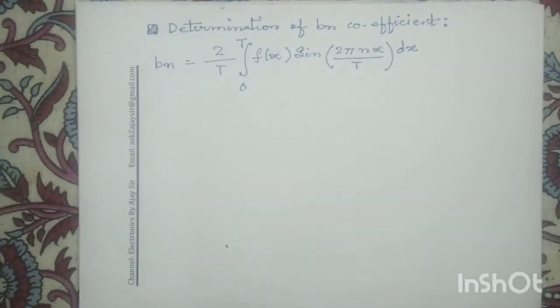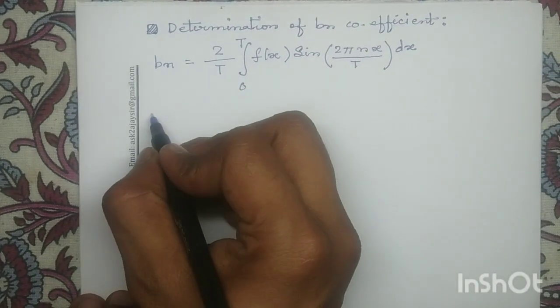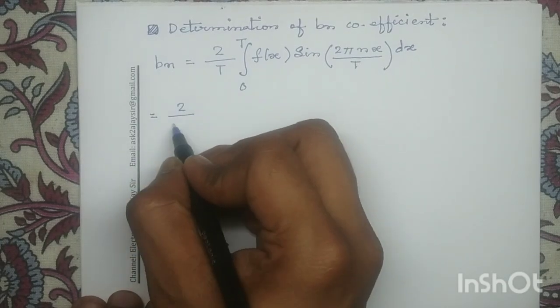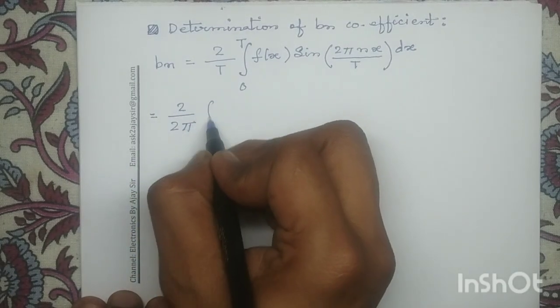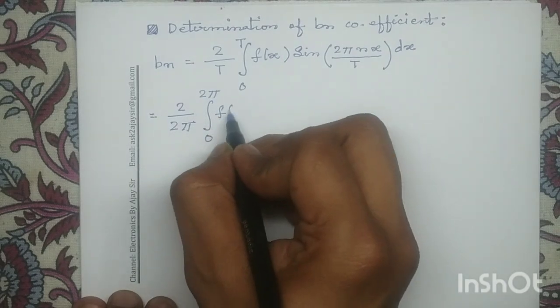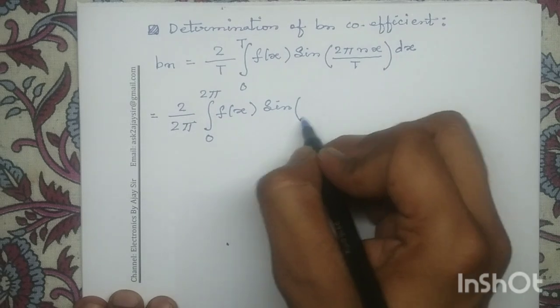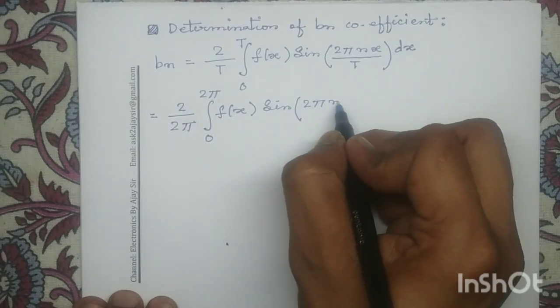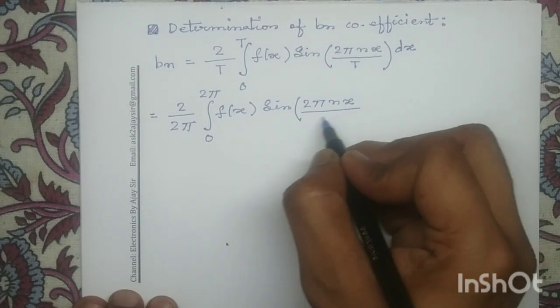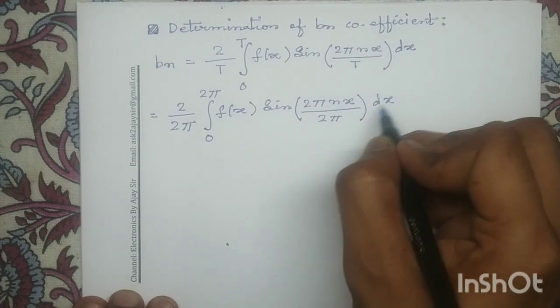We will apply the same procedure. First we will substitute the value T equals 2 pi. So the expression becomes 2 by 2 pi integration 0 to 2 pi f of x sine 2 pi nx by 2 pi into dx.